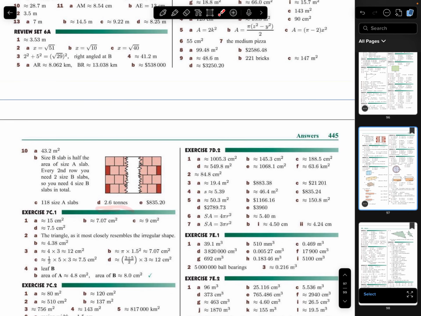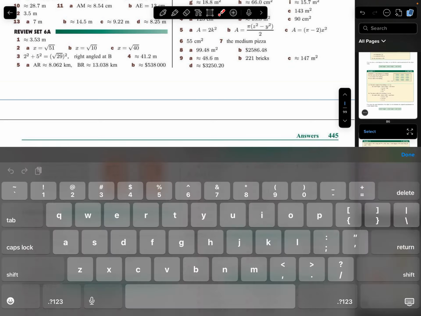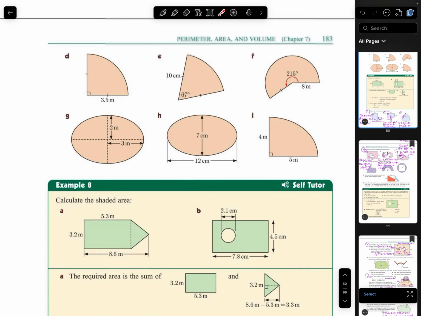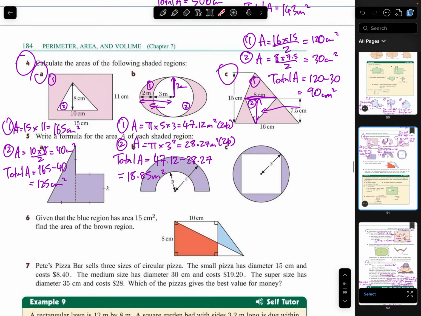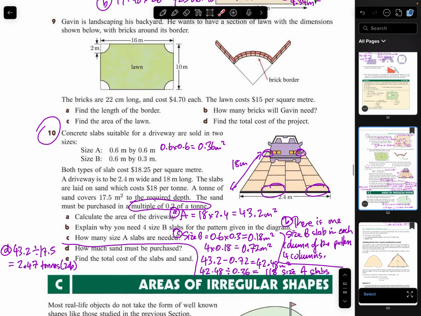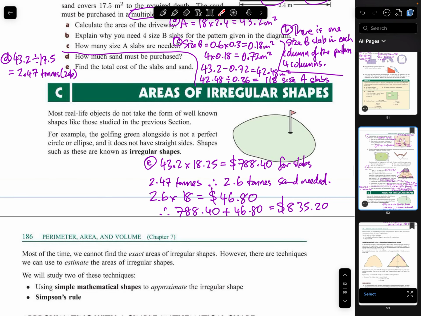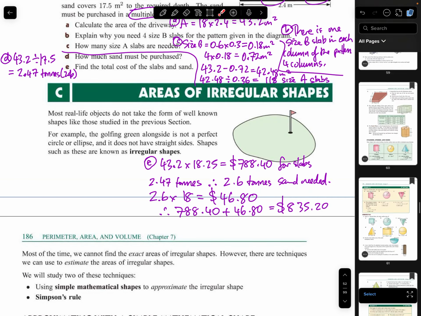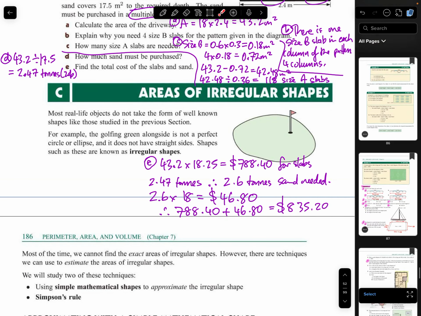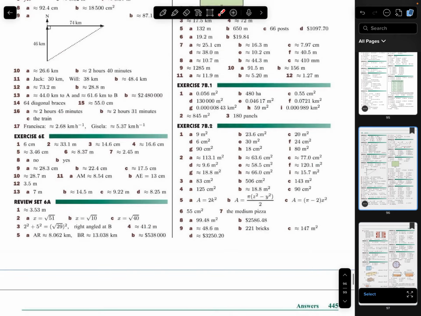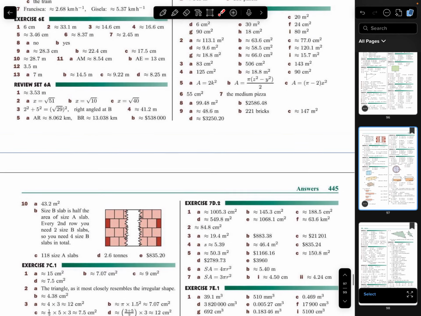Was that correct? $835.26. I wrote $835.20. What does it say? I thought it was 26. $835.20. Yeah, $835.20. So that's all right.